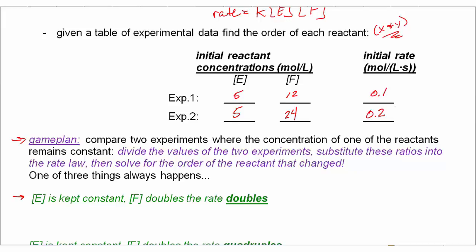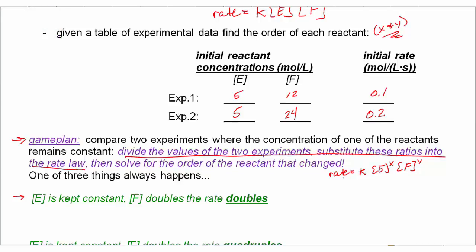Now what we do is we divide, right? Divide the values of the two experiments and substitute these ratios into the rate law. Okay, so the rate law, just to remind you, rate equals K, E to the X, F to the Y. So let's divide the two rates.